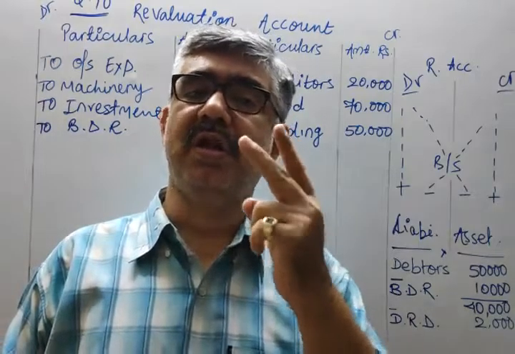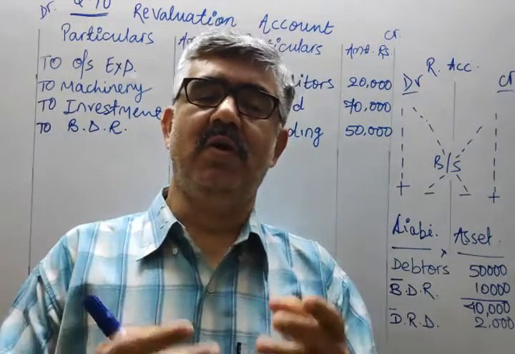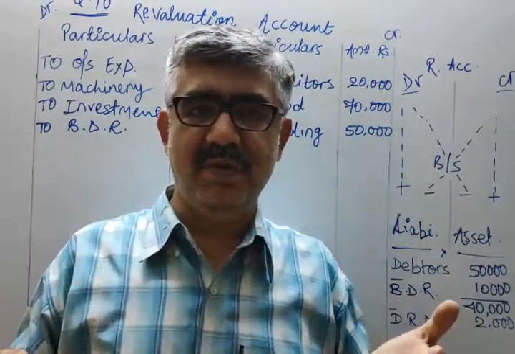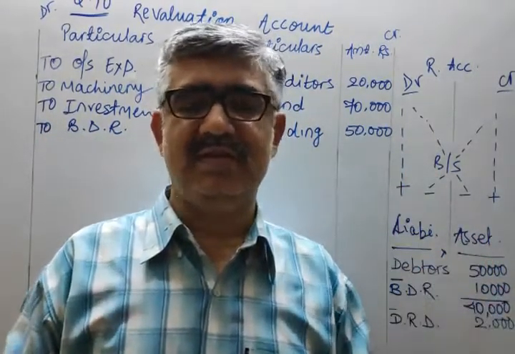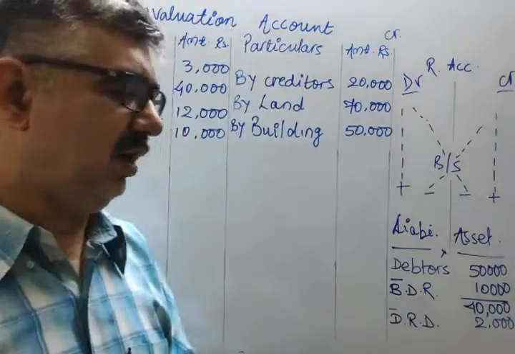Because all the adjustments have two effects. And when on both sides we make the same mistake, the answer will get tallied. Okay? We discuss later on.